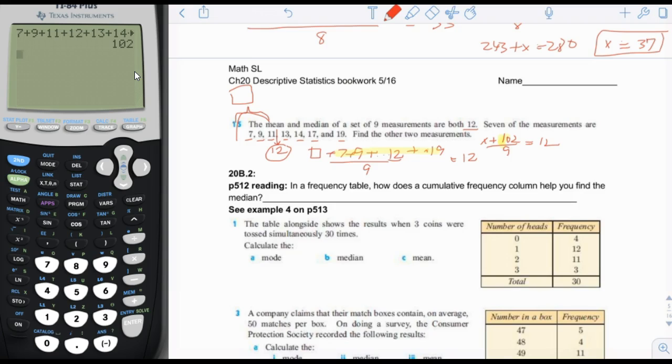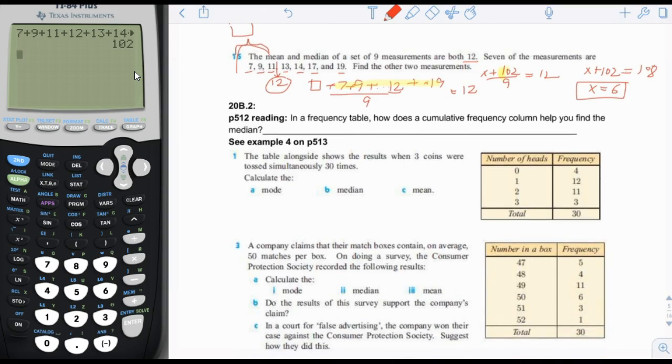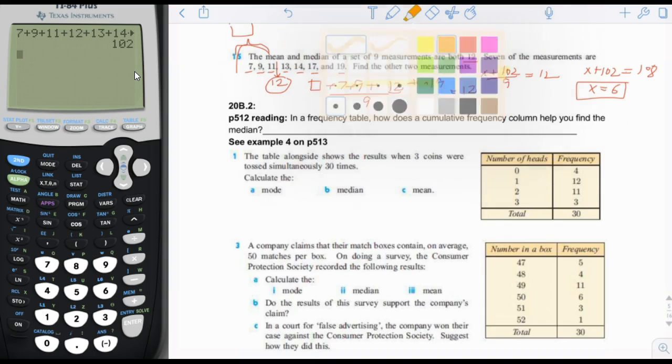We're going to get x plus 102 equals 108. And then we subtract 102 from both sides, and now we know that x is equal to 6. Okay? So one of the numbers is going to be 12, and the other number is going to be 6.